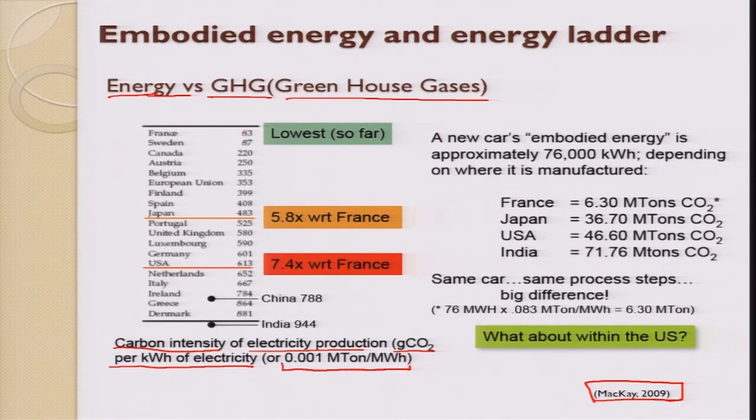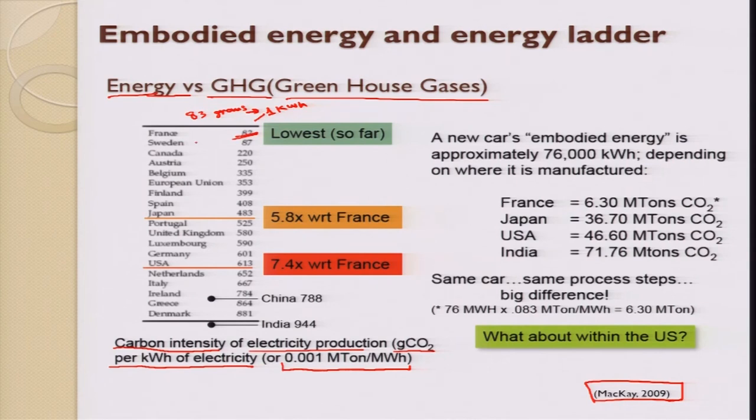So it is 83 grams of carbon dioxide, that is the carbon intensity here, to produce 1 kilowatt hour of energy.